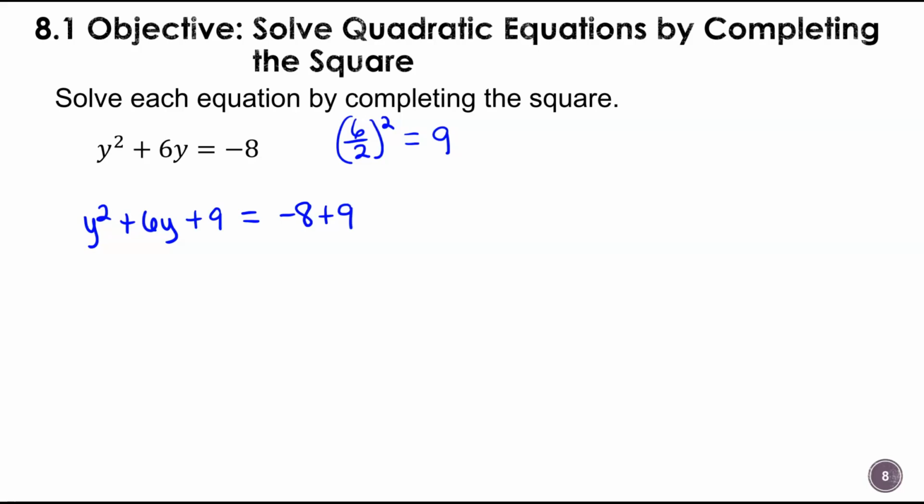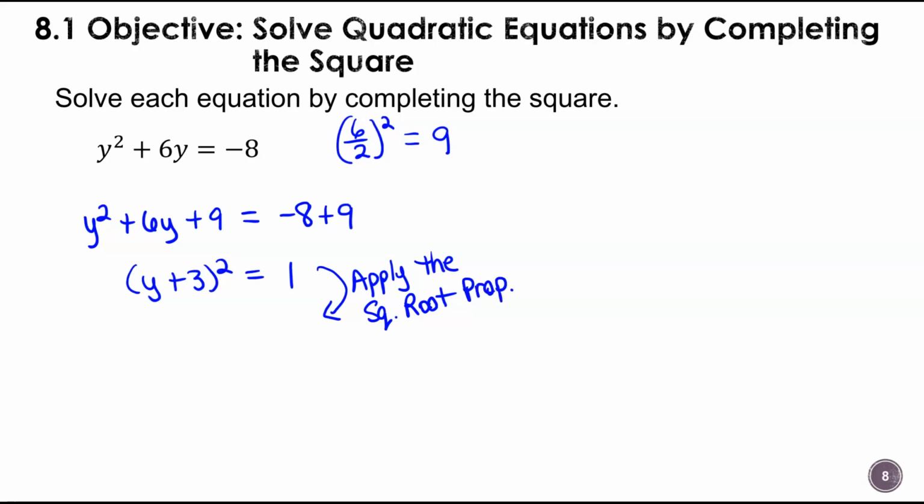And then we write the perfect square trinomial on the left in factored form as a binomial squared equals 1. Now, when we get to this step, we're just applying the square root property. So when we go from here to here, that's applying the square root property.